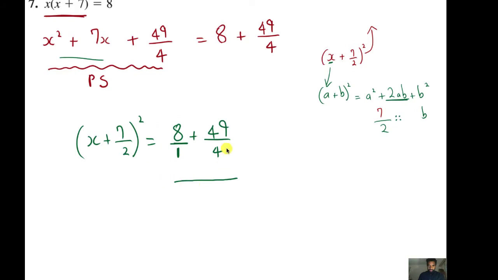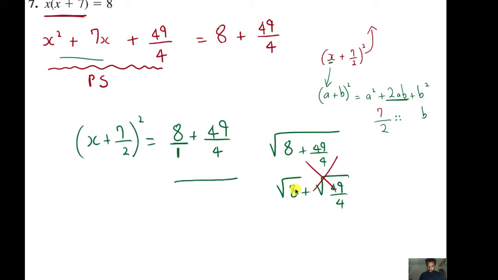Well, let me clarify something very quickly, Ari. Why don't we just take the square root of this whole thing? Because you might be tempted to say the square root of 8 plus 49 over 4 is the same thing as the square root of 8 plus the square root of 49 over 4. But that does not hold. That is not true, okay?